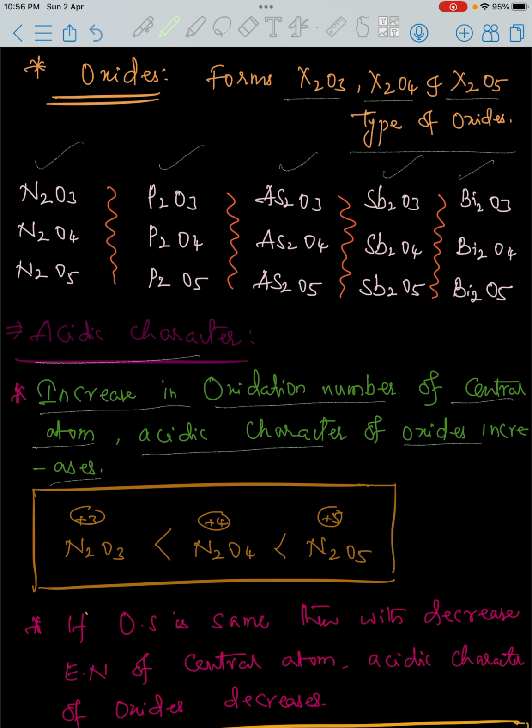The oxidation state of nitrogen in N2O5 is +5, in N2O4 it is 4, and in N2O3 it is 3. Where the oxidation state is higher, it is more acidic. Simply, oxidation state is directly proportional to acidic strength. So N2O5 is more acidic than N2O4 and N2O3.